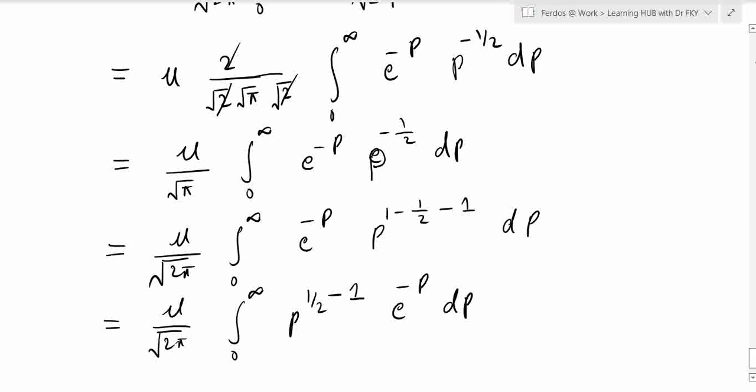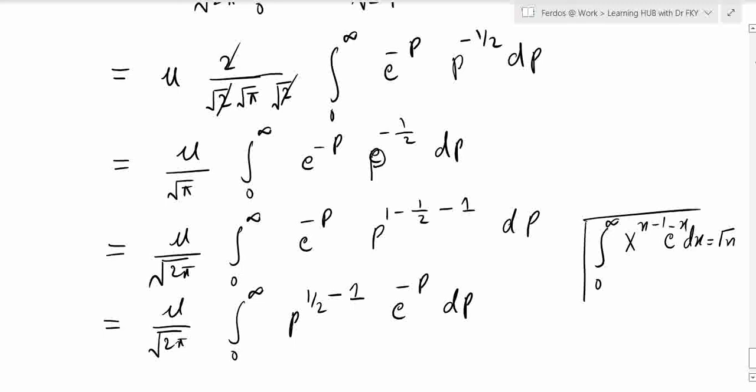Now you can use the gamma function. I will do this in detail maybe in some other lecture, but I can just mention that 0 to infinity x power n minus 1 e power minus x dx is equal to the gamma function of n.